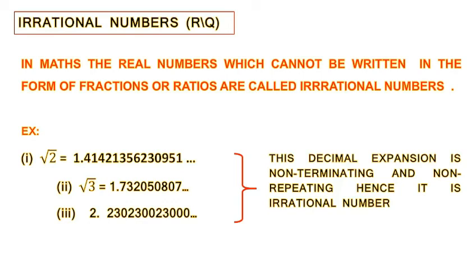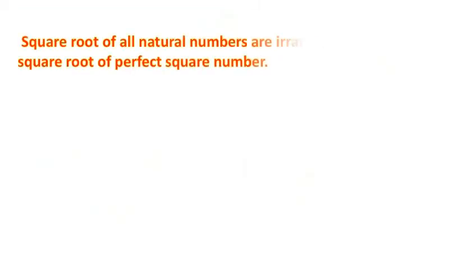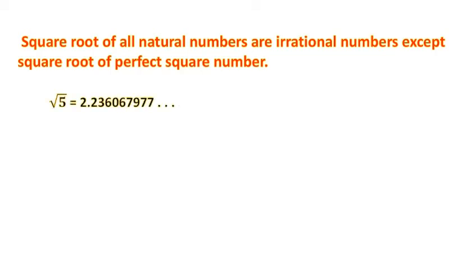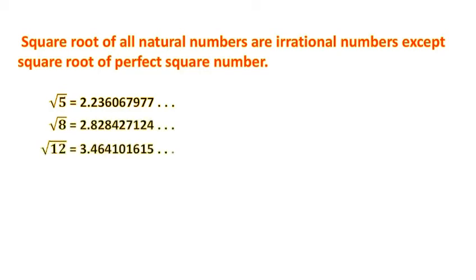It is not ending and it is not repeating. Hence they are called irrational numbers. Other square roots of natural numbers are irrational numbers. Now listen, we have seen the square roots of 5, 8 and 12 also. They are non-terminating and non-repeating. Hence they are called irrational numbers.